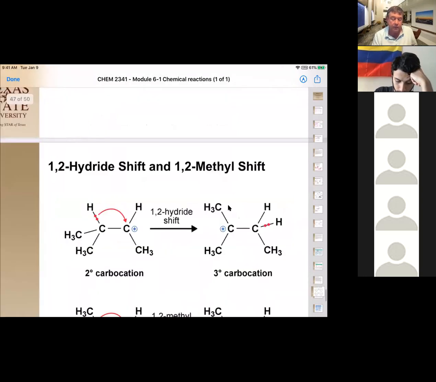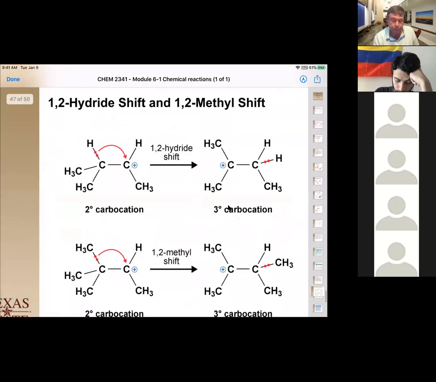Okay, so what this looks like is we have our 1 carbon and we have our 2 carbon here. In this first case right here, we have a secondary carbocation. If we move this hydrogen right here over to this position, notice this is our secondary carbocation, and this is not a carbocation at all.